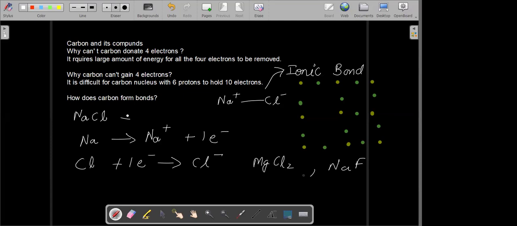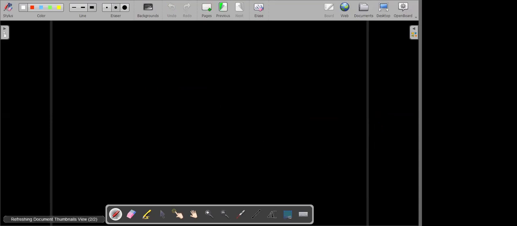The bond formed between NaF is also ionic in nature because sodium donates its electron to fluorine and it forms Na plus and fluorine minus. So this is an ionic bond set up between sodium and fluorine. Wherever we observe the bond formation due to transfer of electrons, that bond we call the ionic bond.